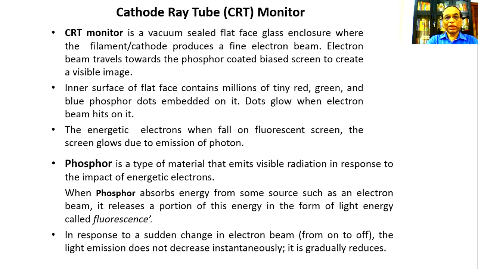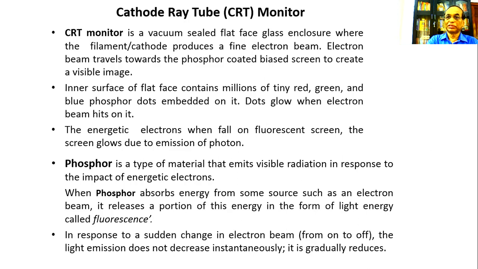The inner surface of the flat face contains millions of tiny red, green, and blue phosphor dots embedded on it for the color picture tube, and the dots glow when the electron beam hits them. The energetic electrons, when they fall on the fluorescent screen, make it glow due to emission of photons.